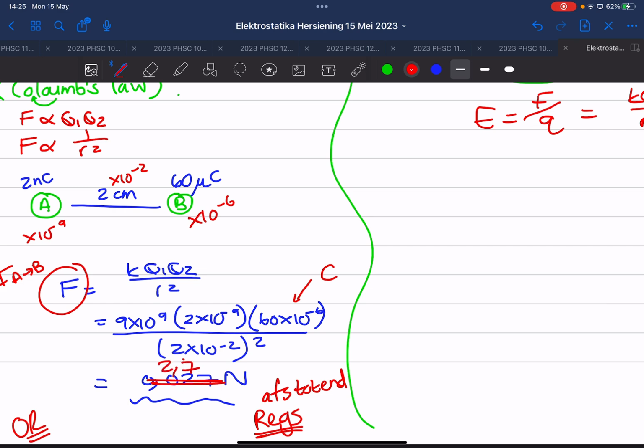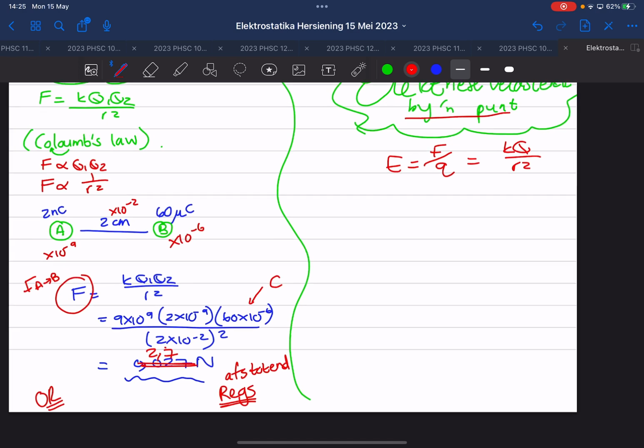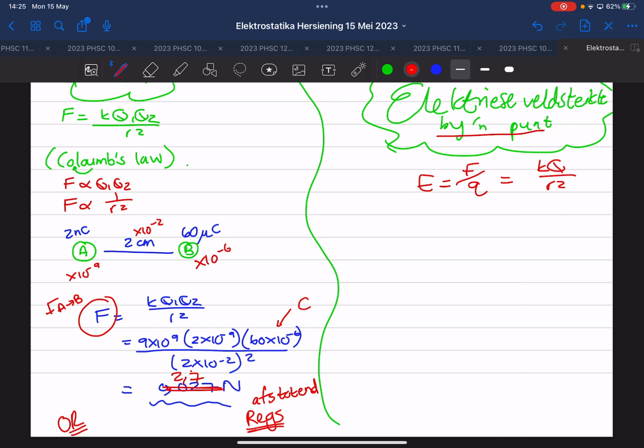Alright. Then, another question, so that is calculate the force between them, right? Of hulle kan vir jou vra, you have this. Kom ons teken dieselfde ding daar, A, B, and then point P. This is 2 times 10 to the power negative 9, 60 times 10 to the power negative 6.